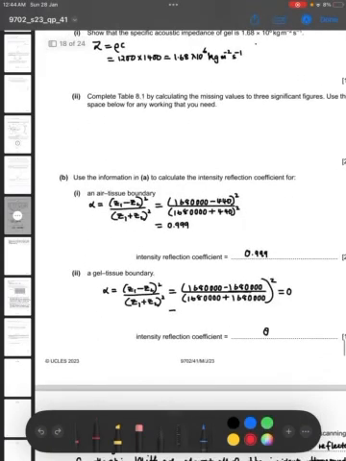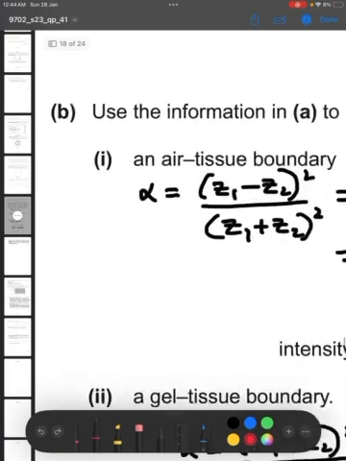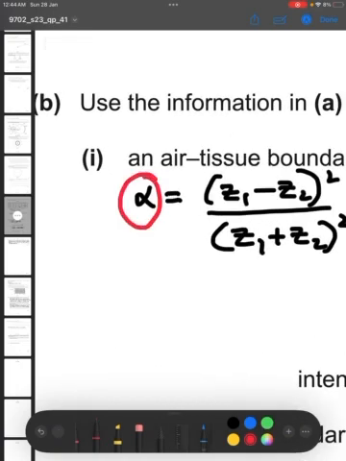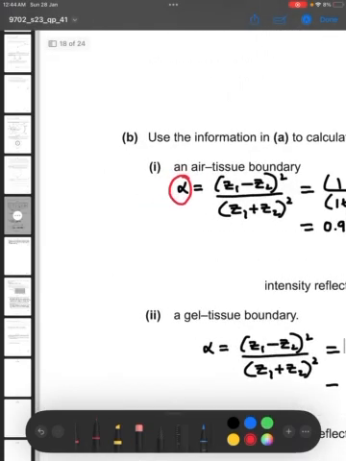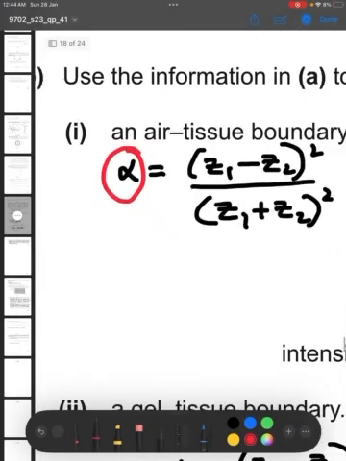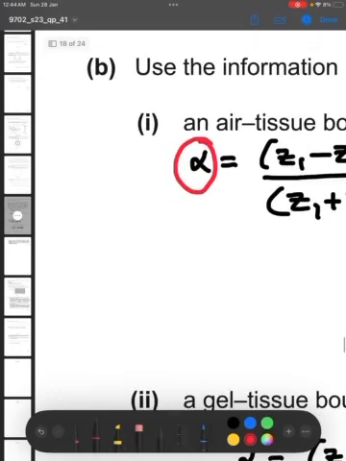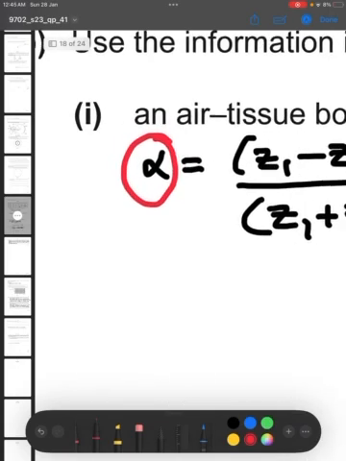Next, use the information in A to calculate the intensity reflection coefficient. The intensity reflection coefficient is represented by alpha. Ultimately, it simply tells you the ratio of the wave that was reflected over the wave that was incident.